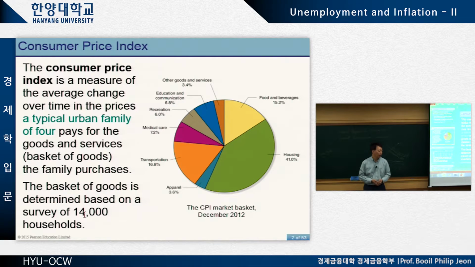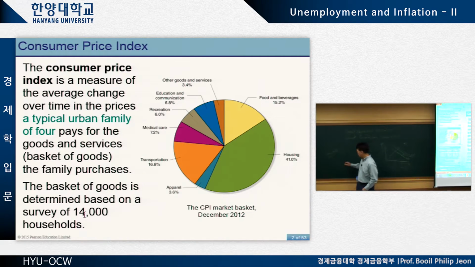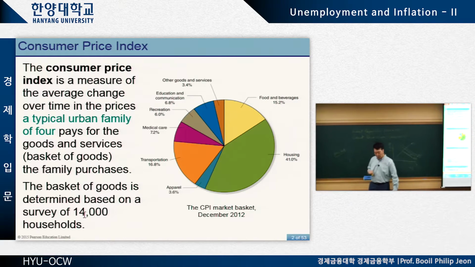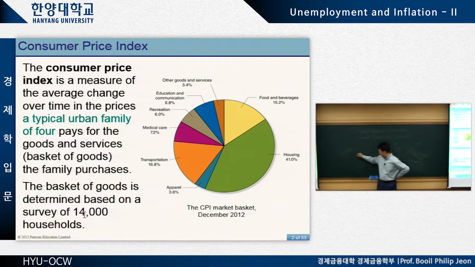So maybe they come up with 10 loaves of bread or 8 gallons of milk or whatever. So they come up with this basket of goods. What kind of goods do households purchase, and in how many units?